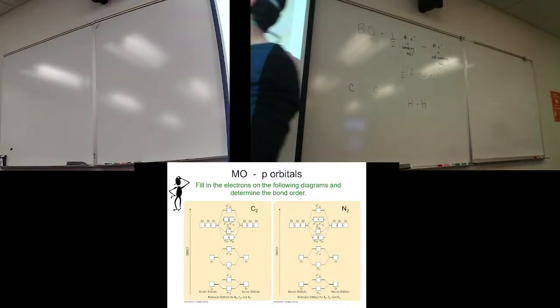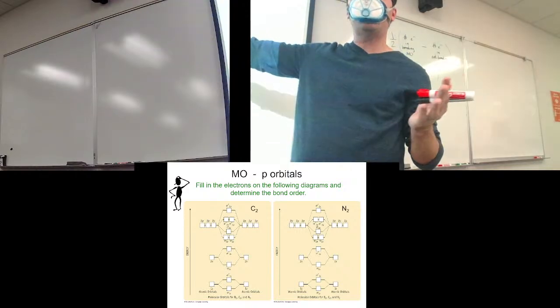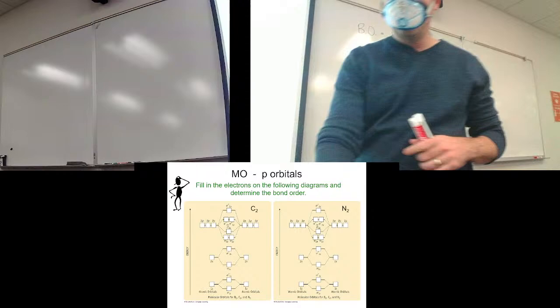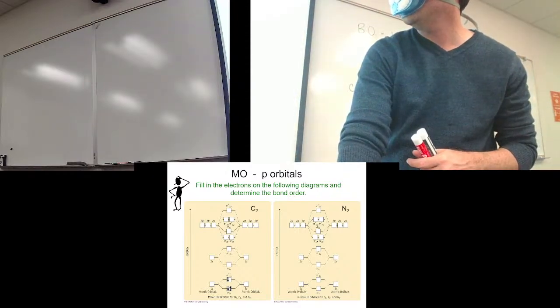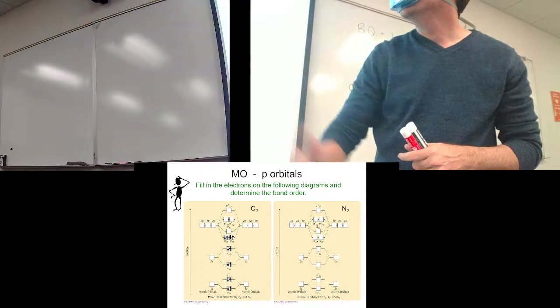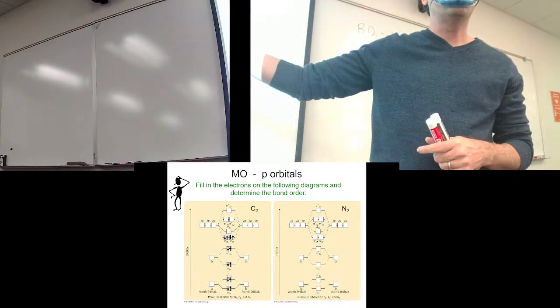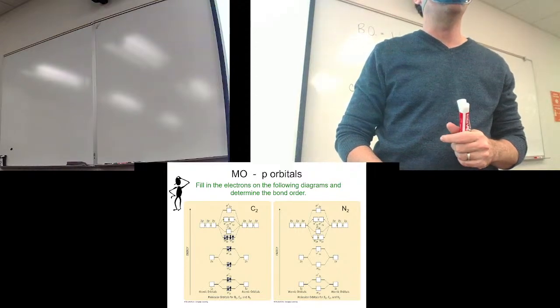Carbon's total number of electrons is 6, so 2 carbons will have 12 electrons total. If I fill those 12 electrons in the MO diagram, I get 1, 2, 3, 4, 5, 6, 7, 8, 9, 10, 11, 12. I don't see any unpaired electrons. They're all paired. I would expect C2, a bond between 2 carbons, to be diamagnetic.